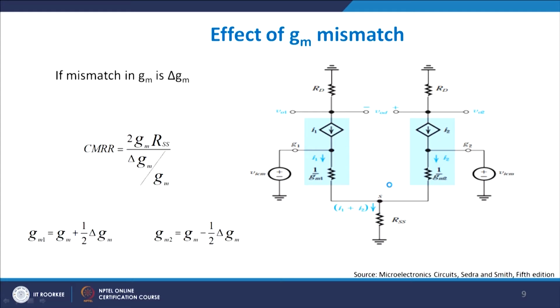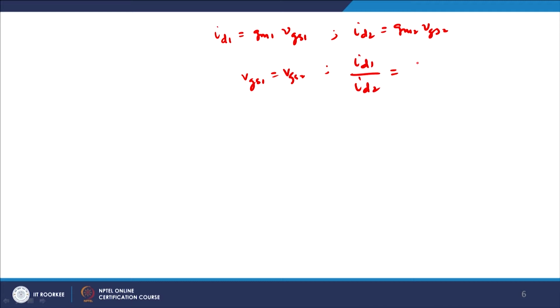Now if you do a GM mismatch, which is transconductance mismatch, let us see how it works out. Let us suppose I have ID1 equal to GM1 VGS1 and ID2 equal to GM2 VGS2, and if I assume that VGS1 equals VGS2, then I get ID1 by ID2 equal to GM1 by GM2.